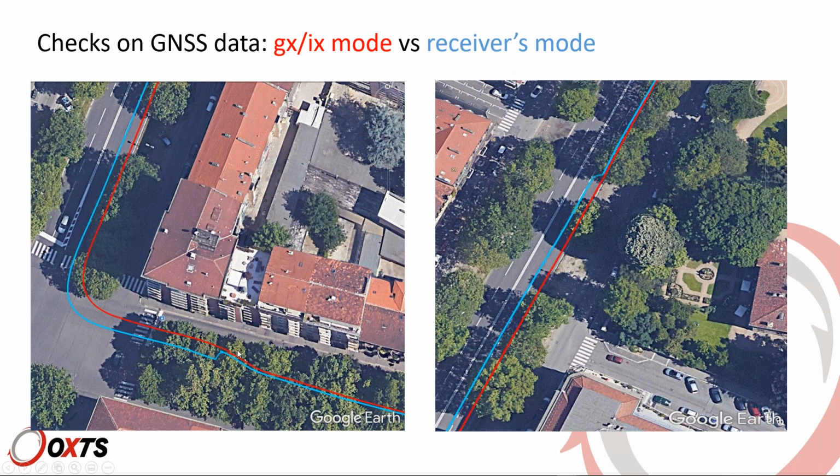So the GNSS update was rejected because the IMU did not detect any motion. So the system did not believe that the GNSS update was genuine.